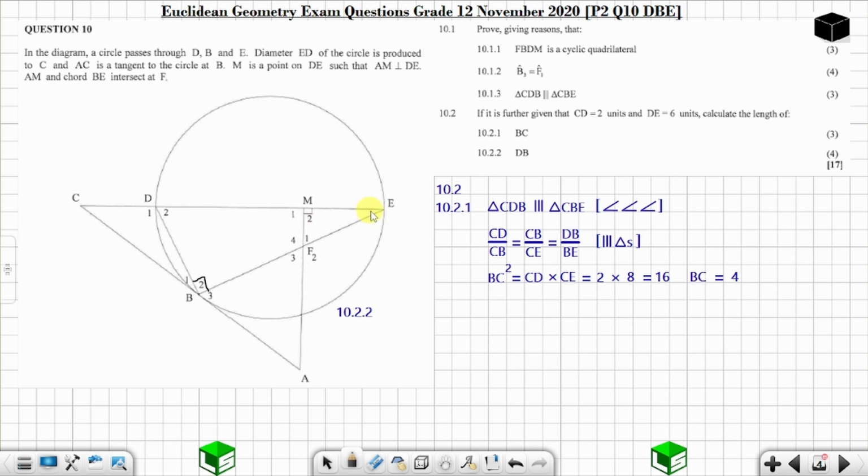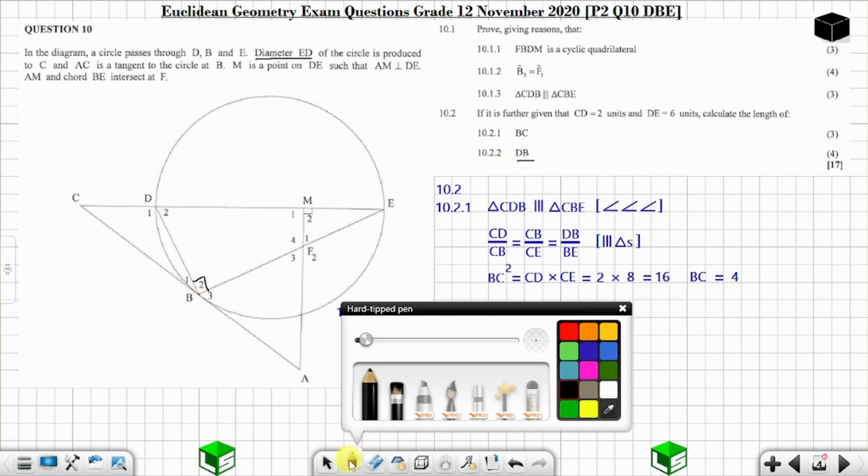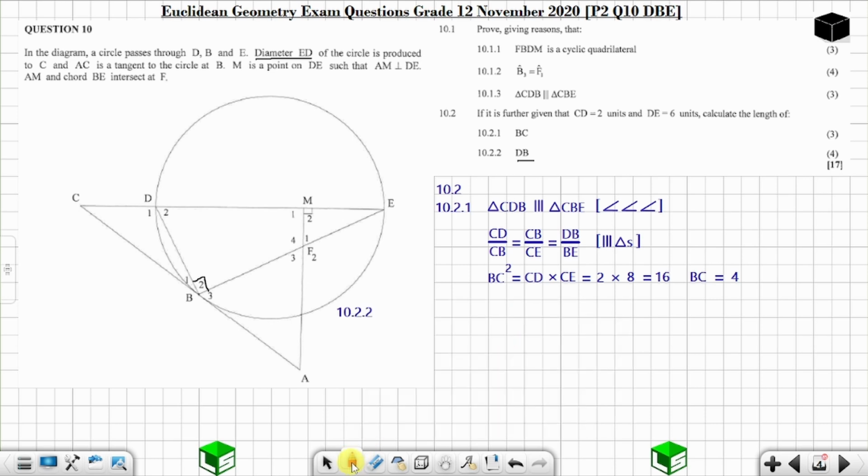DE is a diameter. You can see, so this is a right triangle. We can use Pythagoras to find DB. Always remember the side opposite the right angle is your hypotenuse. The hypotenuse is always opposite the right angle.